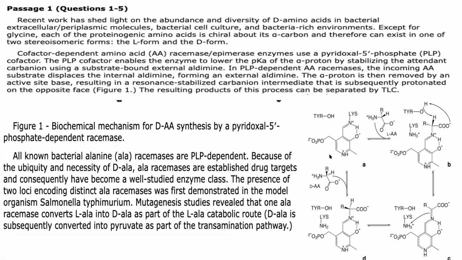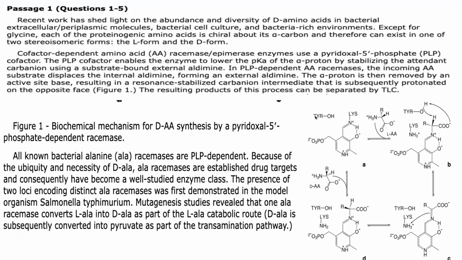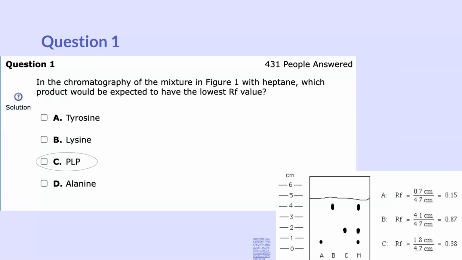So you can kind of assume that this is PLP here, and this is the tyrosine. And I think it mentions it here as well in figure 1, that the alpha proton, like this paragraph here. So I would assume that PLP is pertaining to this figure. Does that make sense? Yes, it does. Thank you so much.